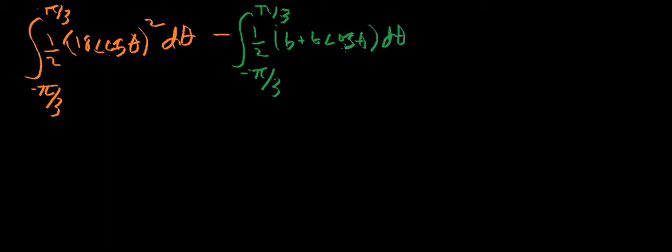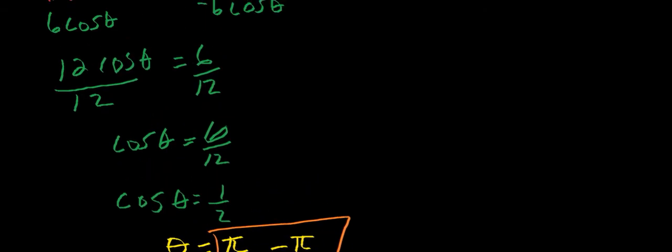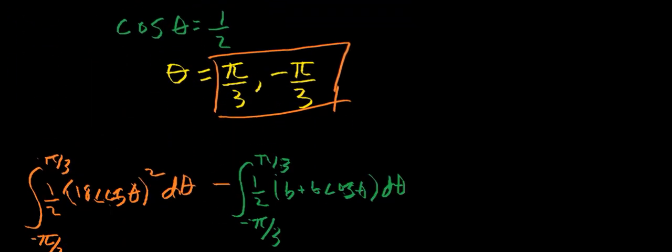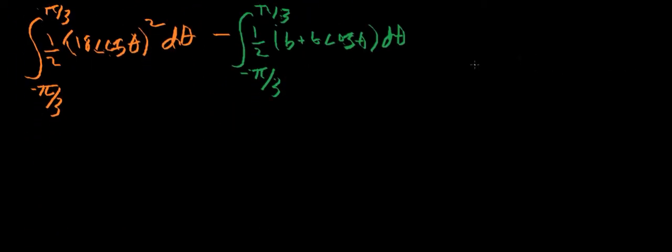Again, we used the formulas we have up here: given our formula A equals the integral from theta 1 to theta 2, which we found, of 1/2 f of theta squared d theta. This is what we have here.